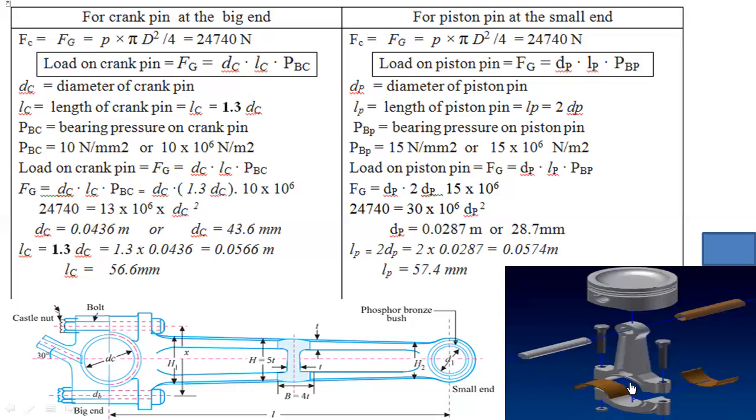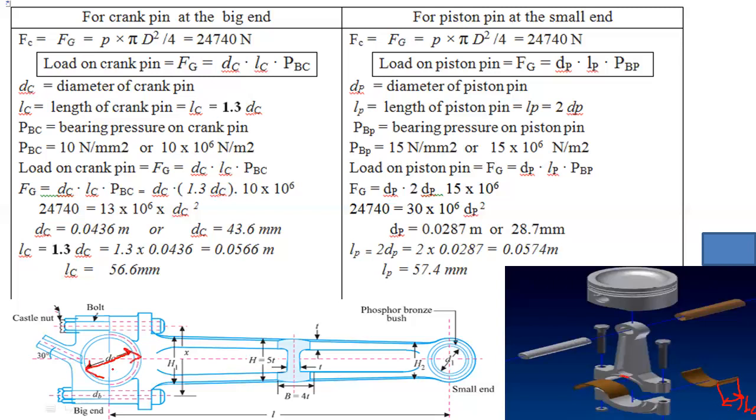And here this is the big end hole. That is the diameter of the crank, DC. This is the diameter of the crank, and LC is the length of the crank pin, that is the width of this bush. LC is from here to here. This is LC, and you can observe this is DC, the diameter of the crank.